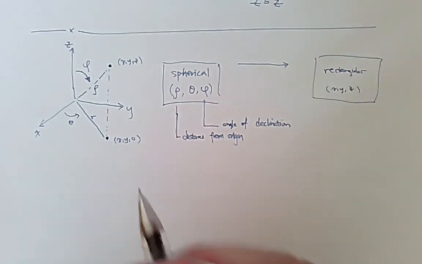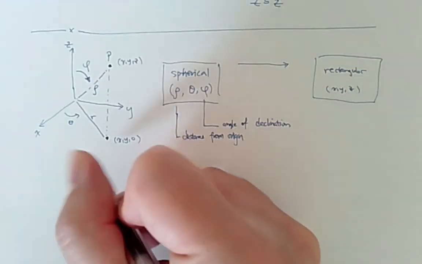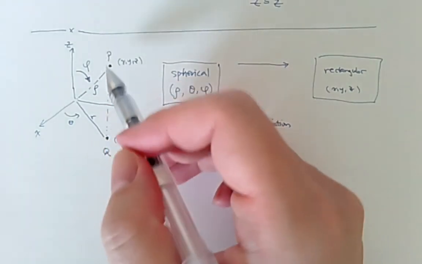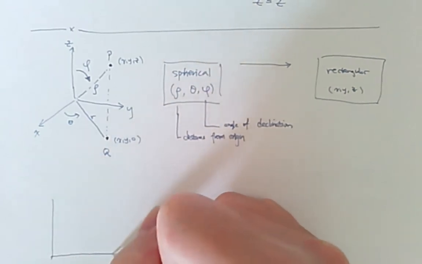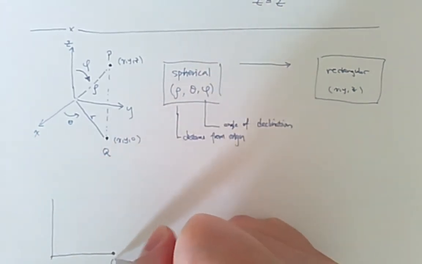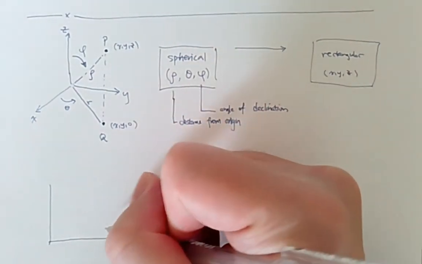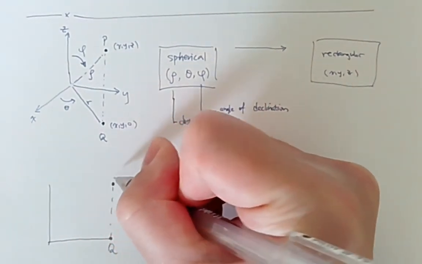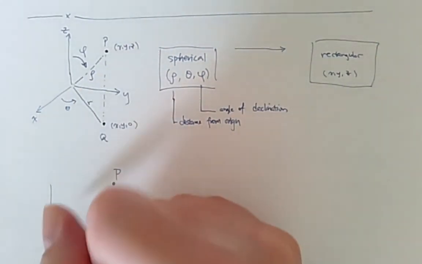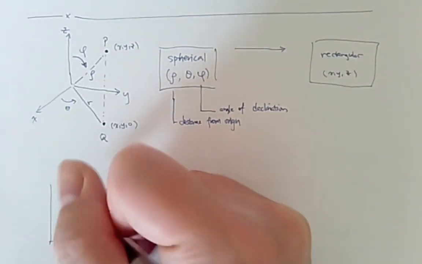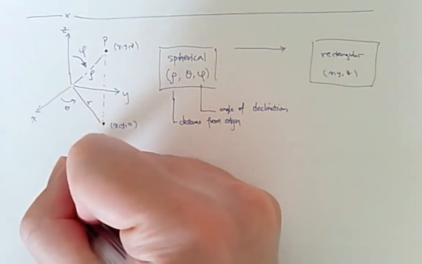So if I label this point P and label this point Q, I can draw a plane here, where this point is Q and this point is P, and that here, that's rho, and this is the positive z-axis.